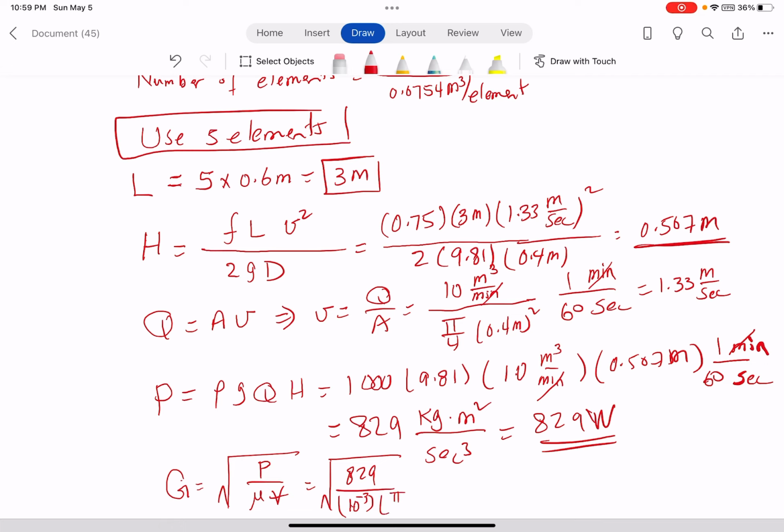The volume is pi over 4 times the diameter 0.4 squared, times the total length, 3. If you do the actual G, even though there are no fans or mixers doing the mixing, the elements will do something equivalent to this, 1483 G.